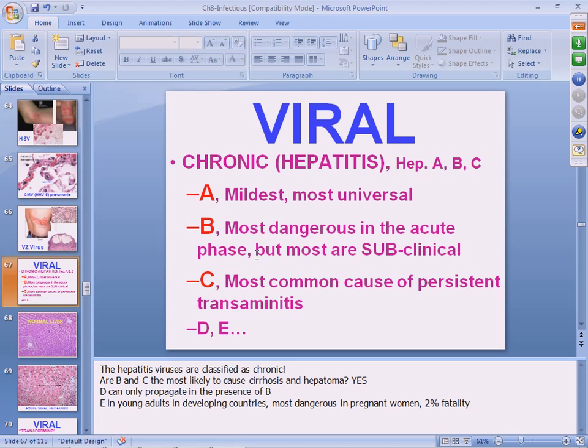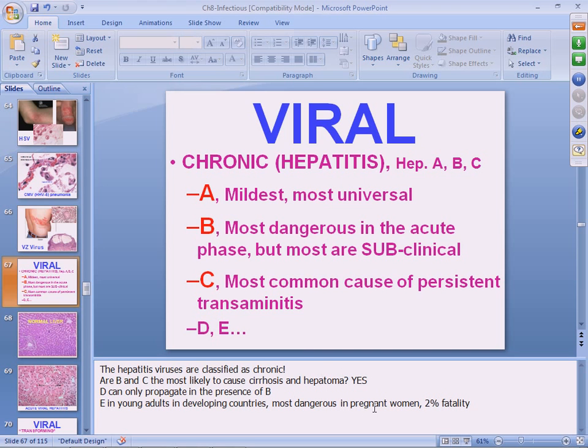We're also not going to say too much about D and E. We're going to get into that a little bit when we get into the topic on liver. Let's just say, even though D is separate from A, B, C, and E, when you have hepatitis D, it's almost always found in association with hepatitis B. And hepatitis E virus, of course, is different from all the rest of them too.